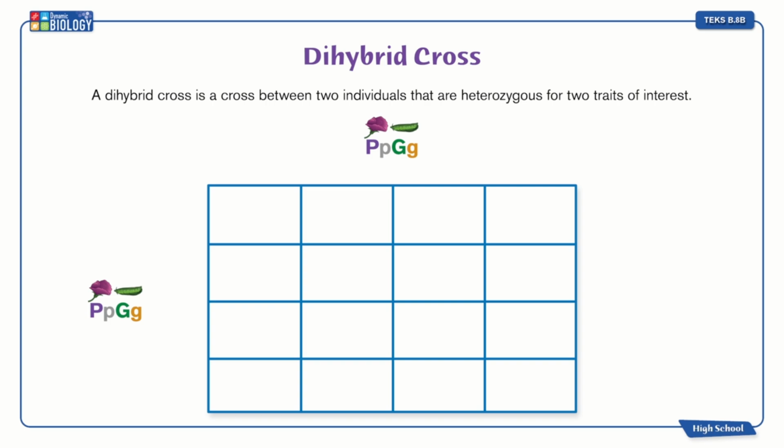We know that each parent will pass its offspring one allele for flower color and one allele for pod color. But which allele? The dominant one or the recessive one? It could be either, so we have to list all four possibilities for each parent.